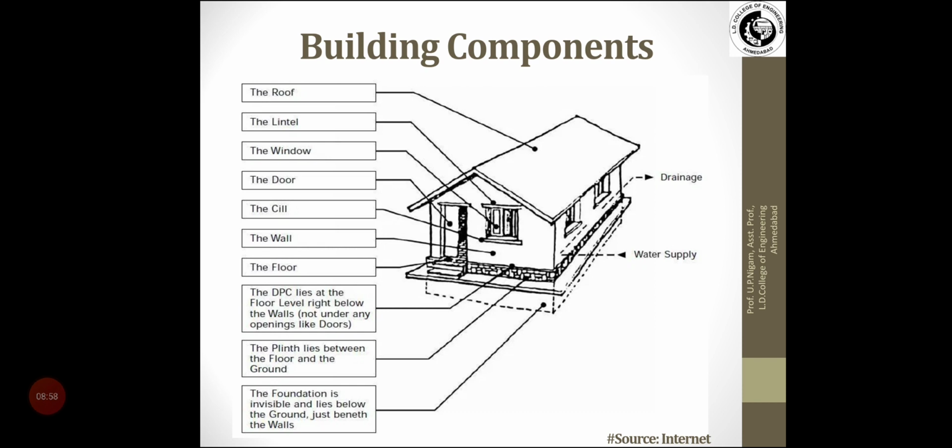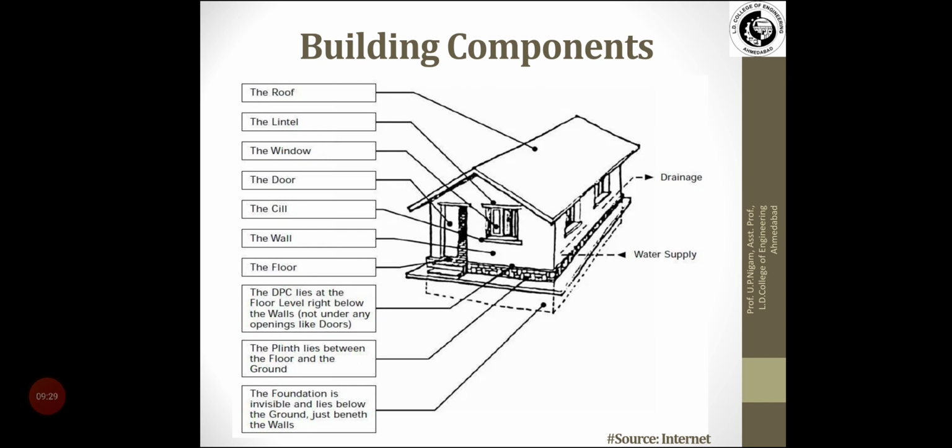Then comes the most important part, the plinth, which lies between the floor and the ground. Then comes the DPC, which is always just above the plinth level. The damp proof course lies at the floor level, right below the walls, and not under any openings like doors. It is not provided in any opening, but at the bottom of the walls.